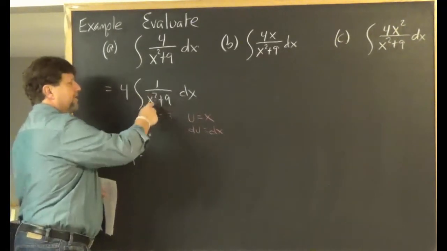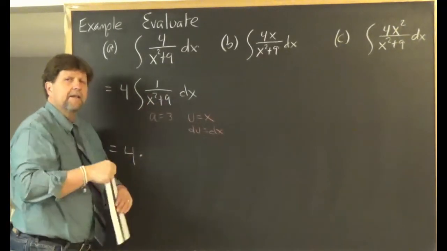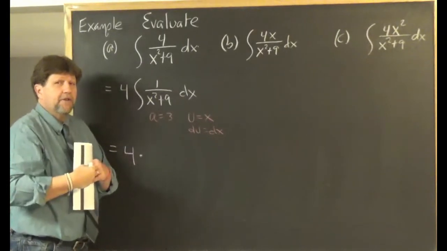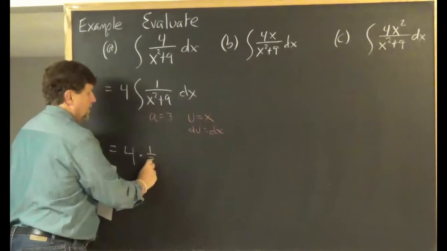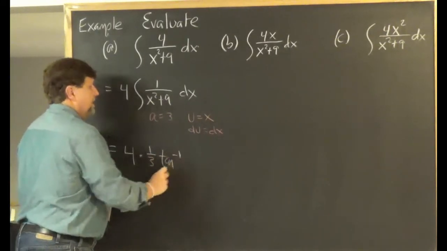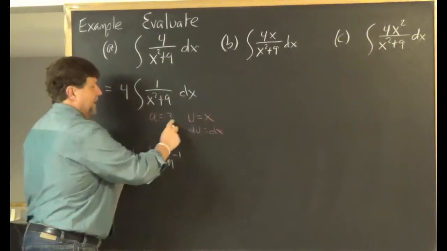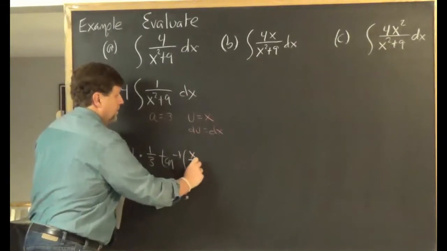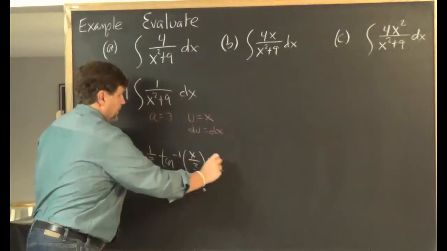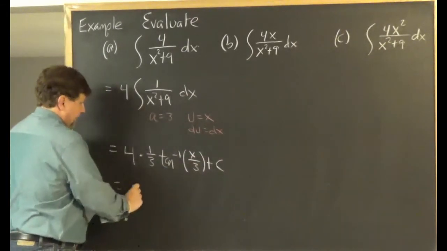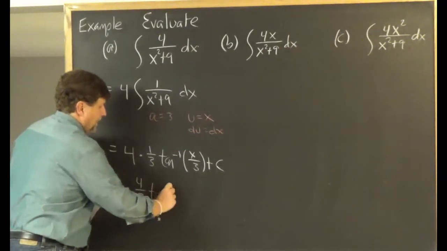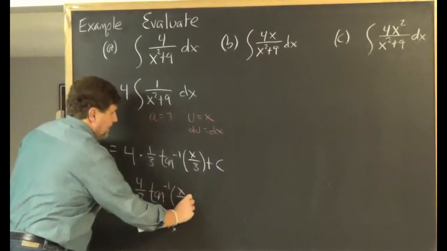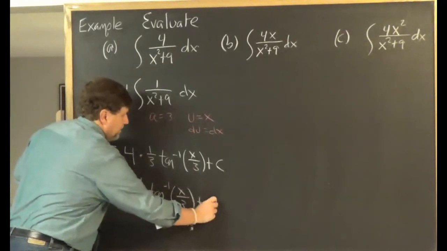The antiderivative of 1 over x squared plus 9 dx is an inverse tangent, which I know is 1 over a, well, a is 3, inverse tangent of u over a, that's x over 3. I would probably have the answer written as 4/3 inverse tangent x over 3 plus c.